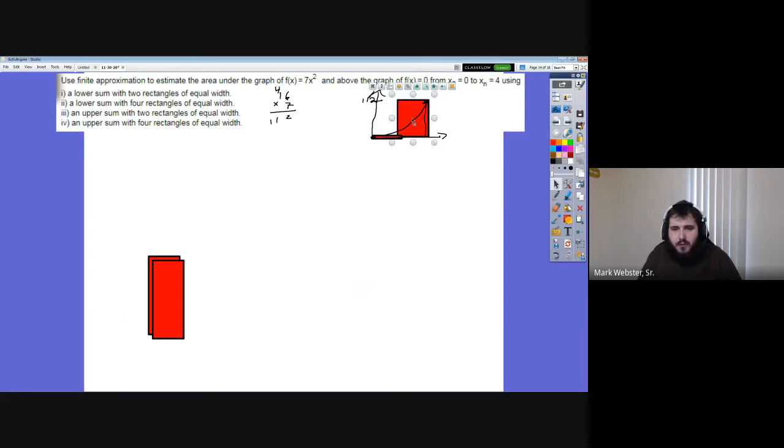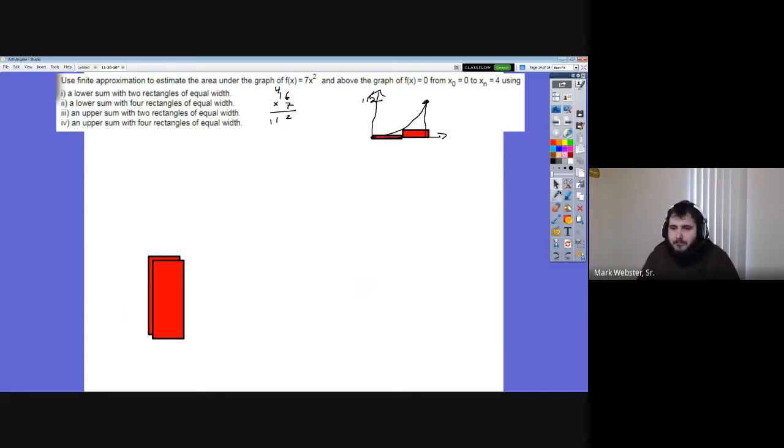What we want to do is approximate this with rectangles, right? Since we're doing the lower sum, we want the y value underneath for this one, and the y value underneath for this one. These 2 rectangles are going to represent our sum.